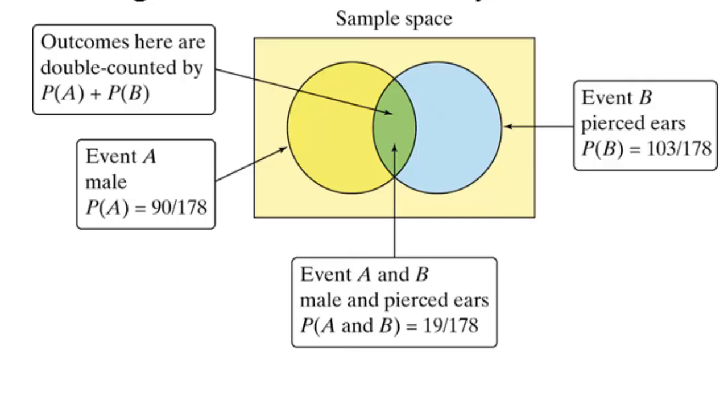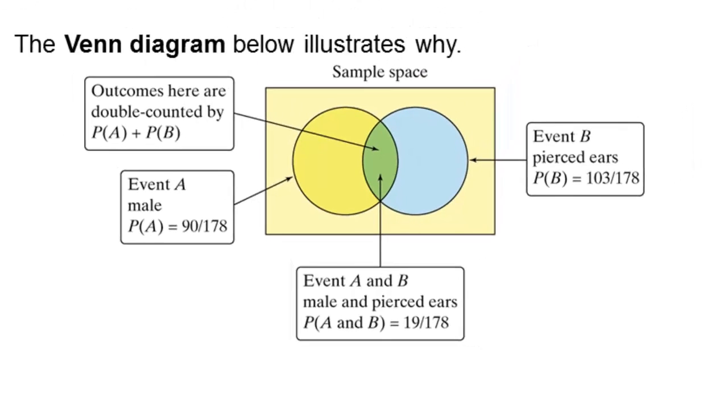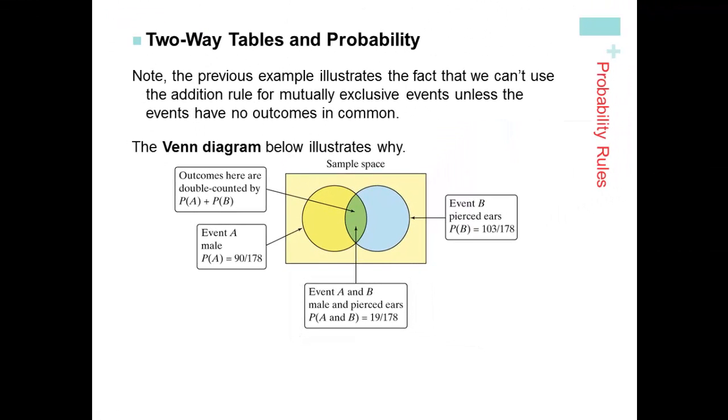There is an overlap where the yellow and the blue circles overlap, and that is the event A and B, which is where the males have their ears pierced. If you were to just add the two numbers together, the 90 and the 103, you would end up with 193 out of 178 students, which is impossible. The problem here lies in the fact that you're double counting the males with their ears pierced.